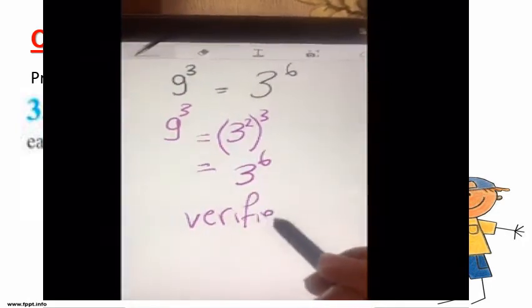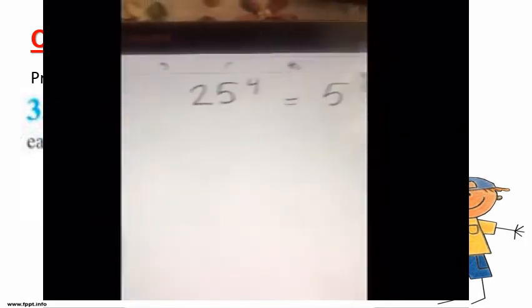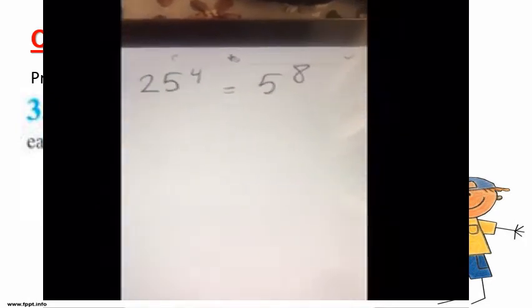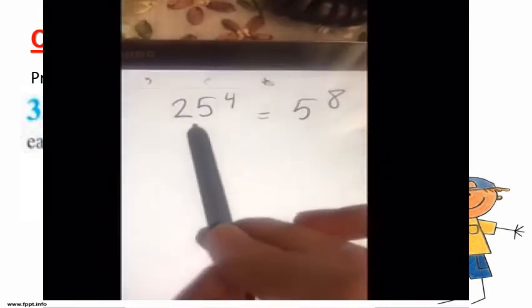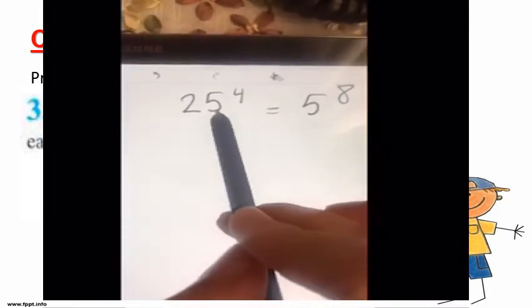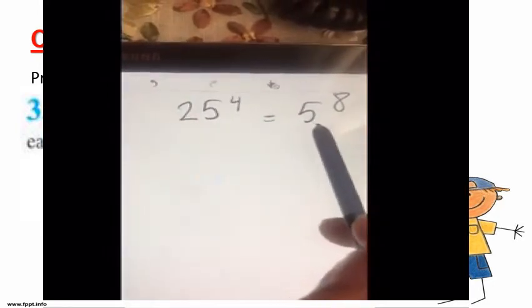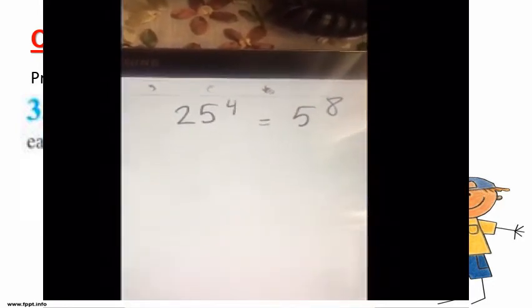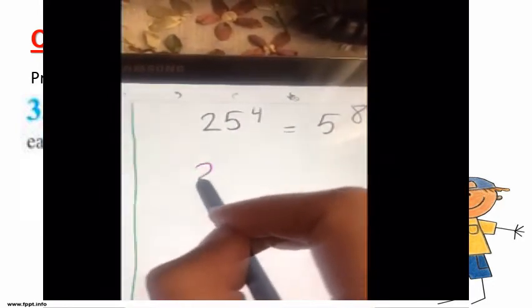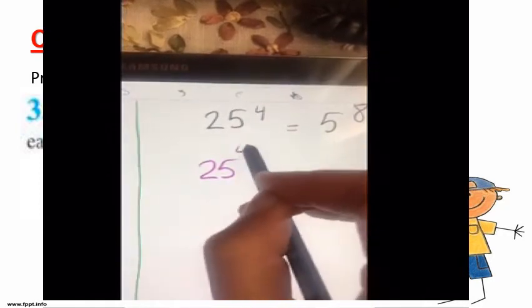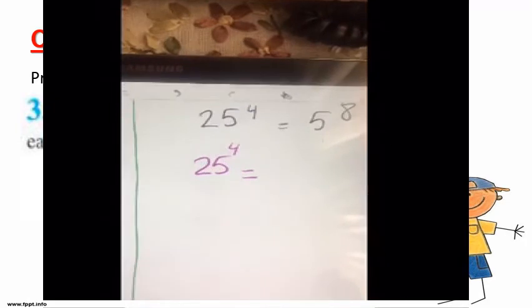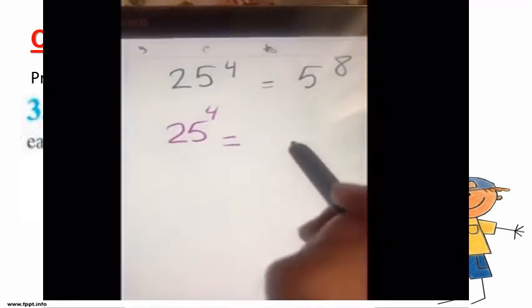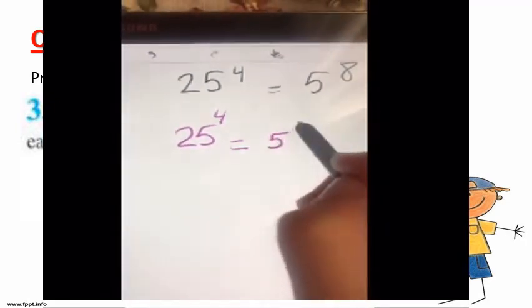Verified. It's true. The last one, which is 25 to the power 4 equal 5 to the power 8? If I take 25 as a base, I can work on it, while if I take 5, I can't decompose 5. So taking the bigger base, which is 25 to the power 4, 25 is equal to 5 times 5, which is equal to 5 squared.